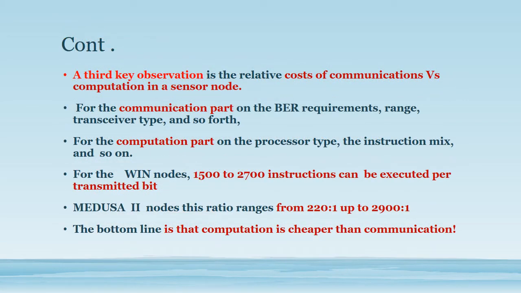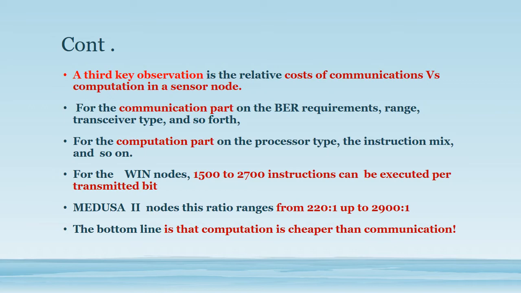The third key idea to save the power in the transceiver is, as per the transceiver used to transmit the bits, each and every bit will be transmitted after computing a lot of instructions in the microprocessor. So here the overall computational power requirement is less compared with communication.